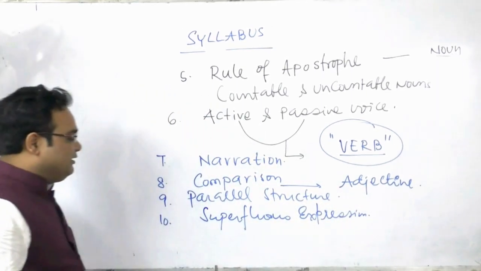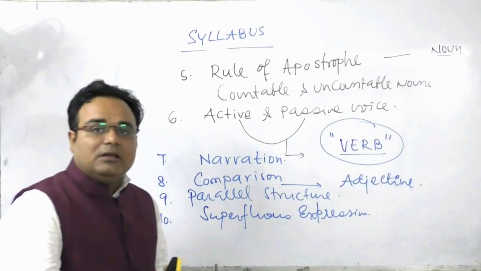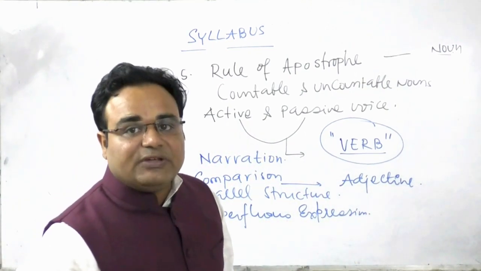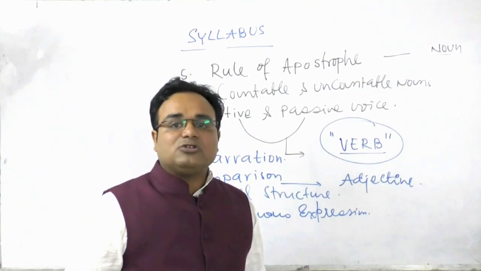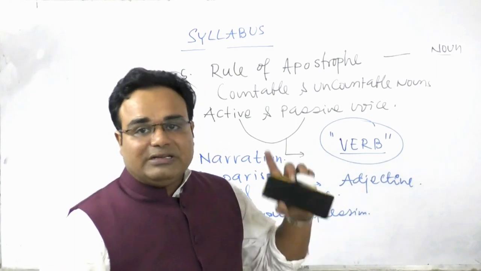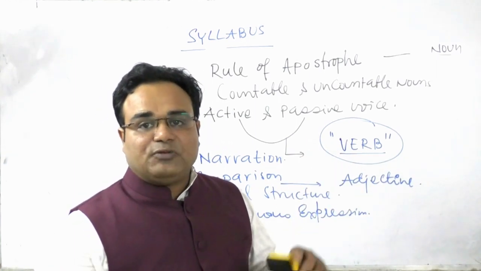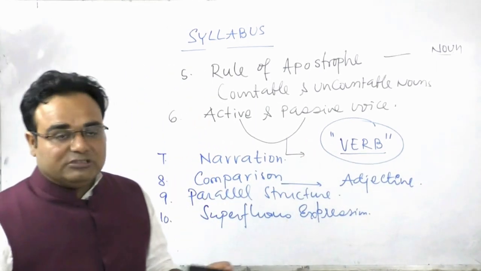So these are the 10 topics, out of which the first 5 which I have discussed are very important, and the rest 5 are also important but not as important as the first 5.